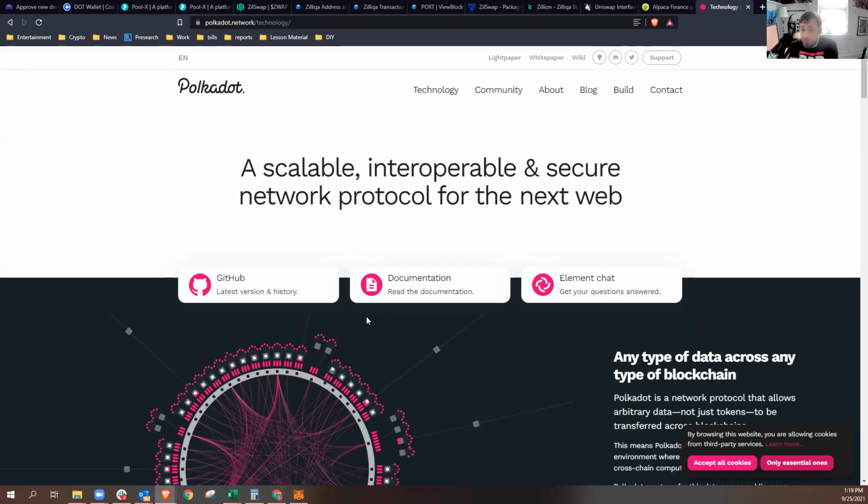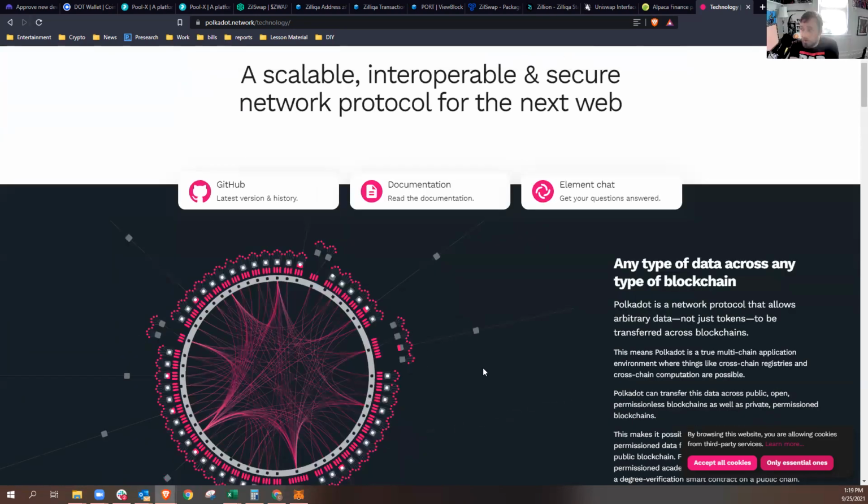It's crazy. They've got their parachains that are auctioned off, and you have different blockchains on top of one, and they can interact with each other. And the more there are, the more secure it is. It's a phenomenal project, and I am very, very long-term bullish on that.